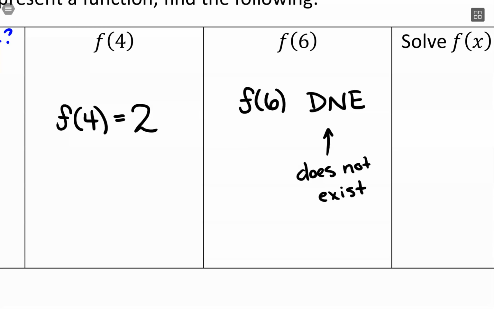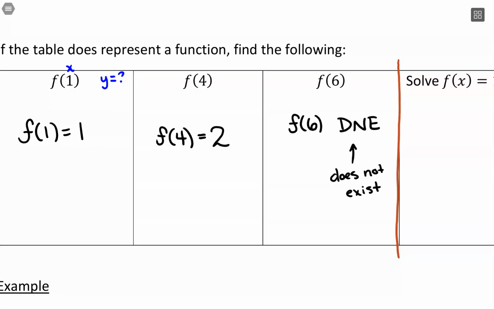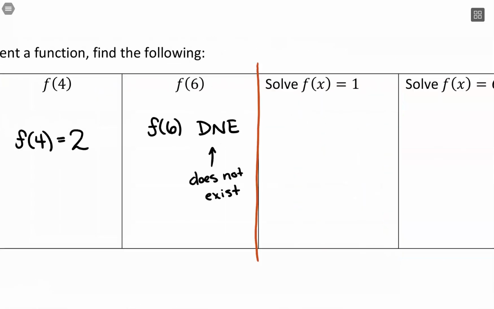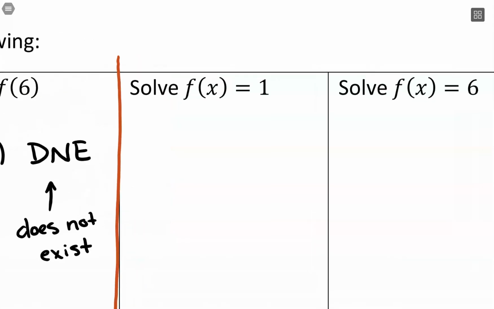All right, so I'm just going to separate this table a little bit because we're going to move on to using the table in kind of the opposite direction. With these first three cases, it's the idea of given x and then grabbing the output from our table for f of x. In these two cases, we're given f of x. So the idea here is that we're given our y coordinate, our y value, and what we need to do is find what is x.